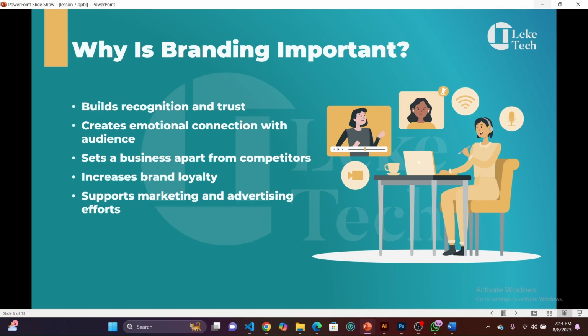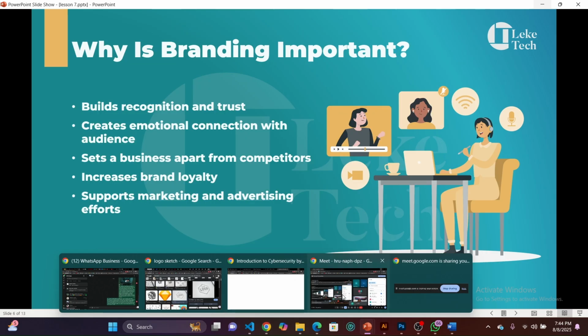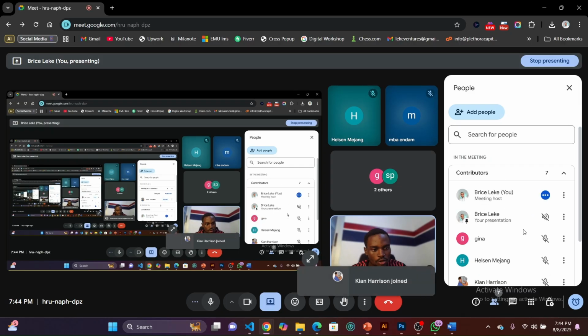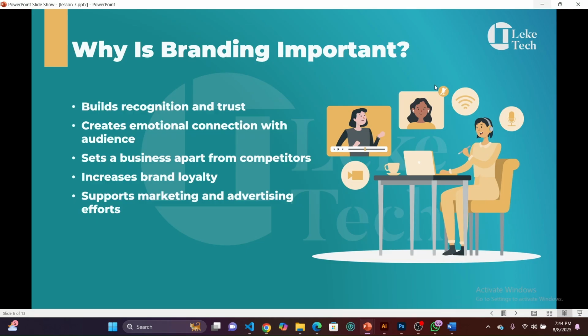It supports marketing and advertising efforts, right? If you already have a scheme of how you do things, it makes it easier when it's time for your marketing and advertising.